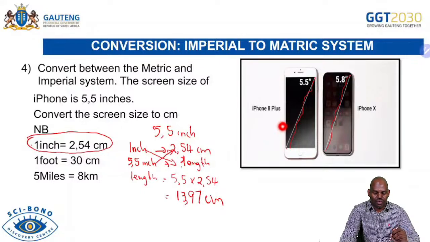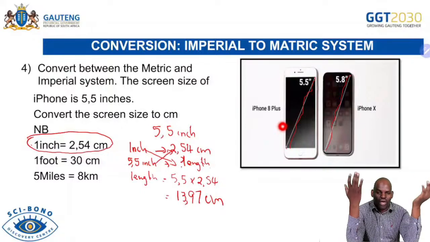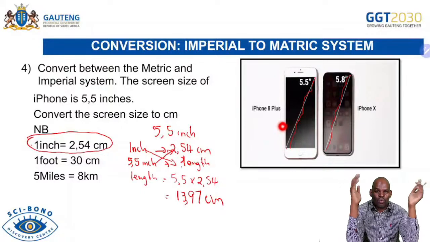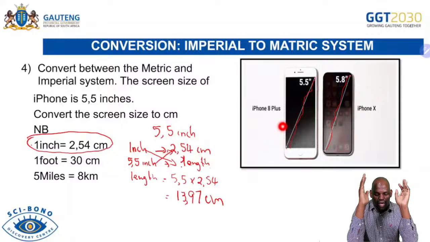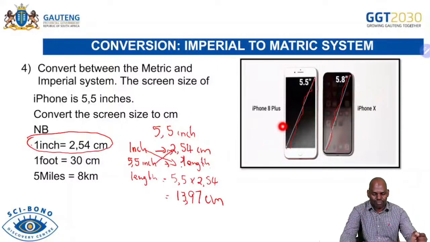Now 13.97 centimeters, if you try to visualize it, think about the size of a ruler, which is about 30 centimeters. Half a ruler is 15 centimeters, so it's about half of a ruler, just less than that. What about the iPhone X, which is 5.8 inches?